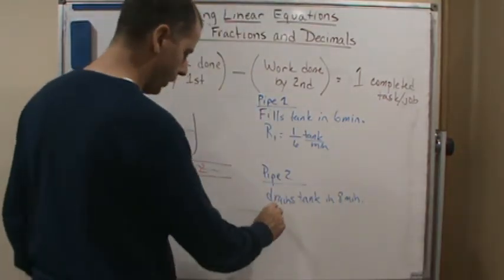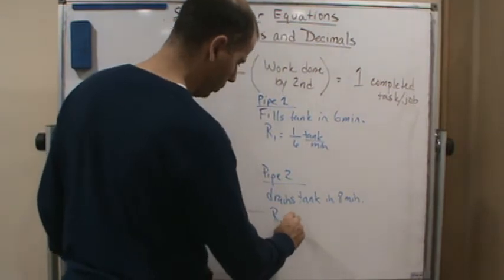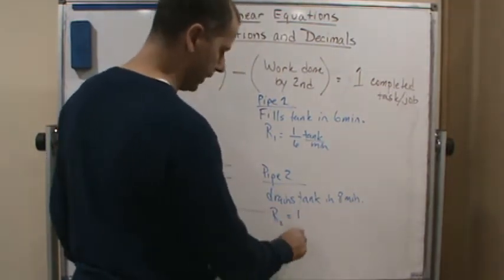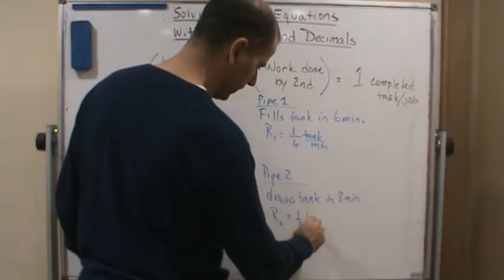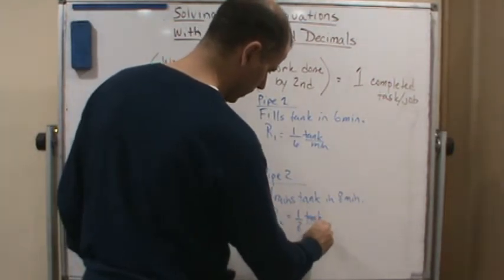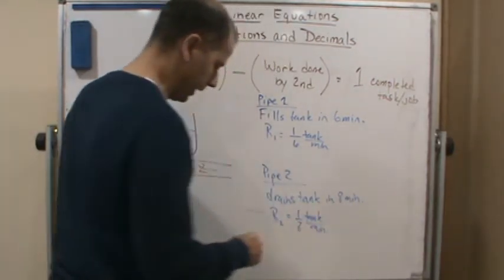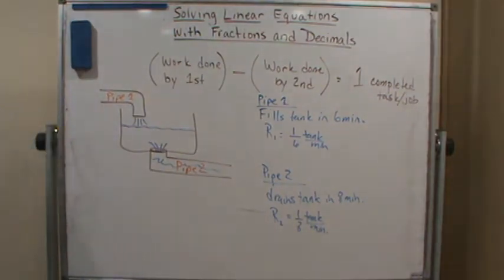That means rate 2 is 1/8 of a tank per minute. Good, so we've got the two rates.